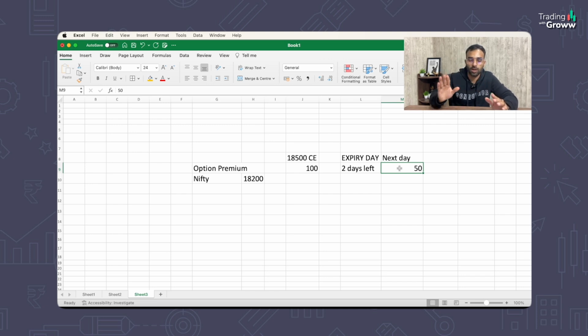Now when 50% of the overall contract is done, instead of 100 rupees, next day it will be around 50 rupees only, because when it is nearer to the expiry, these OTM options tend to decay a lot faster. So if you're an option buyer, this theta is going to work against you, and if you're an option seller, theta is going to work in your favor.